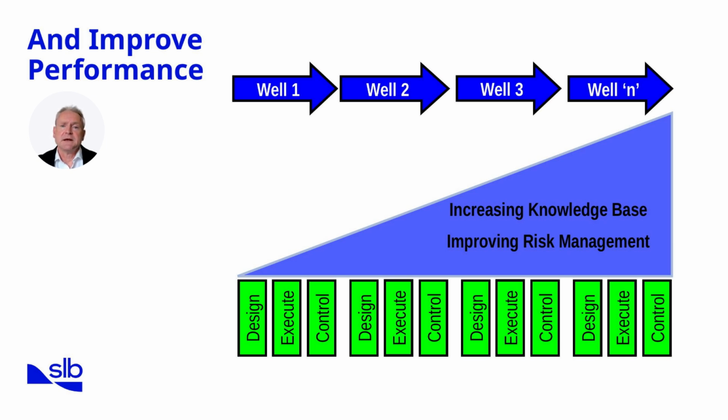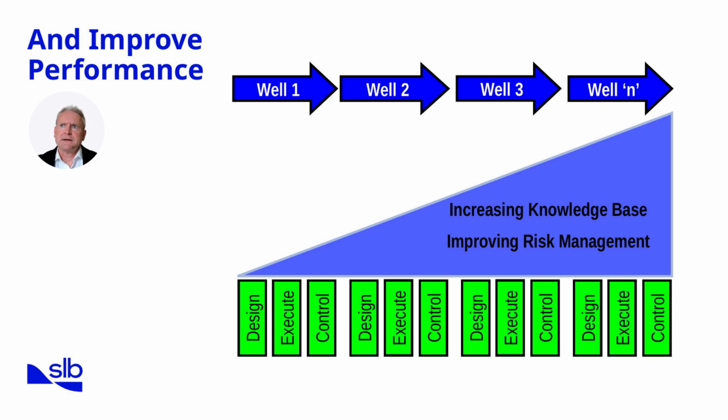By systematically learning from each well, performance becomes more predictable, risks are reduced, and efficiency increases. This also supports better cost management, as uncertainties are progressively removed. Interpreting the chart, you can see that while each well is unique, the structured application of design and control creates a compounding advantage.